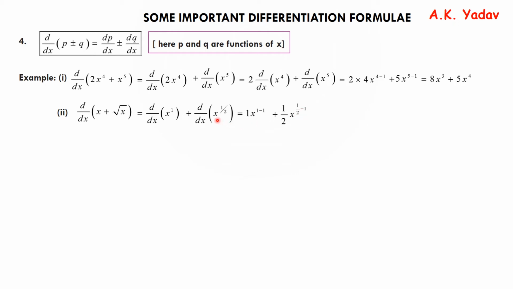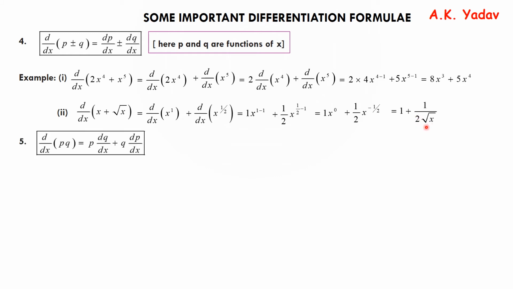In x to the power of 1 by 2 case, n is 1 by 2. On solving this, we get 1 x to the power of 0 plus half x to the power of minus half, which can be written as 1 plus 1 upon 2 under root x.